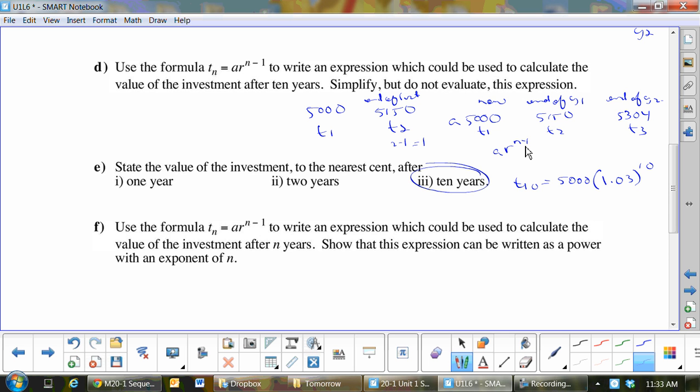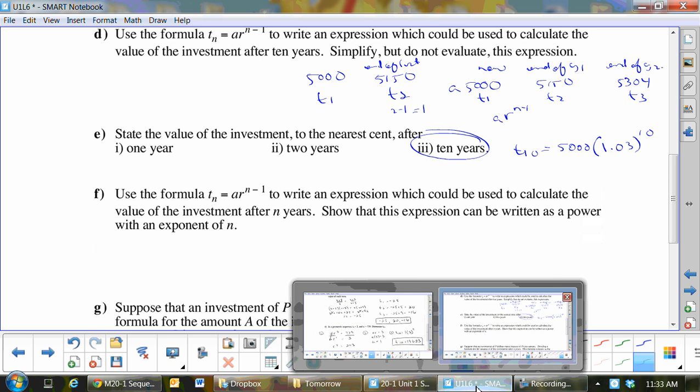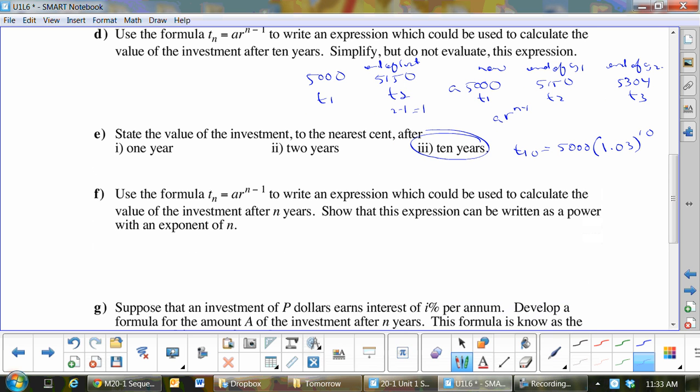What's 2 minus 1? 1. So, the year will always be the exponent. Here's year 2, which is actually the third term. 3 minus 1 is 2. So these are always the same. So financial institutions have said, let's just make the year the exponent and not have this n minus 1 stuff.